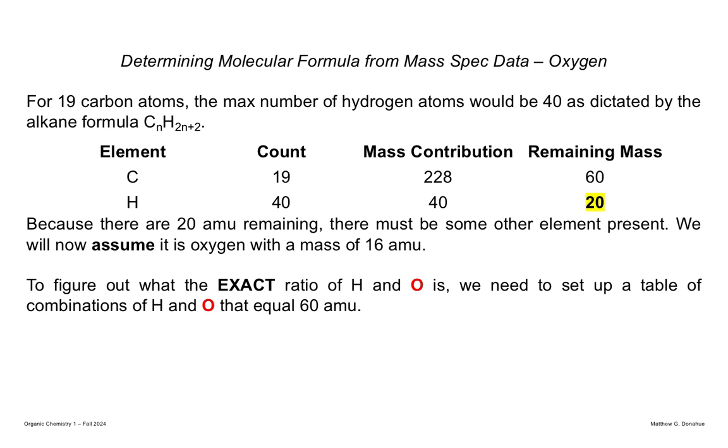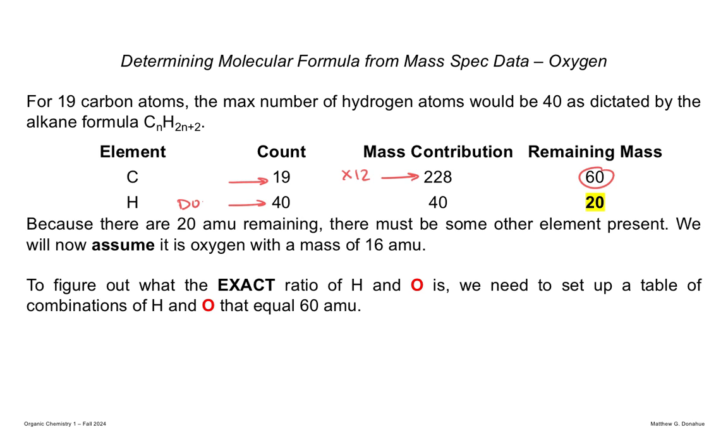So to recap everything we've done, we use the equation to calculate 19 carbons. We multiplied that by 12 to figure out the mass contribution. That gave us 60 remaining from the 288.